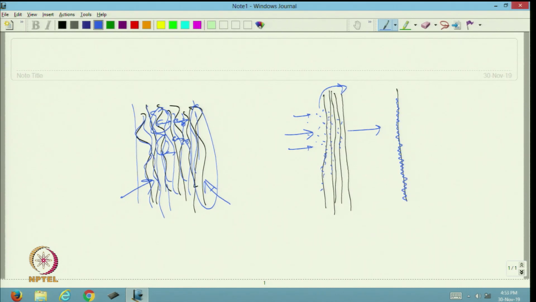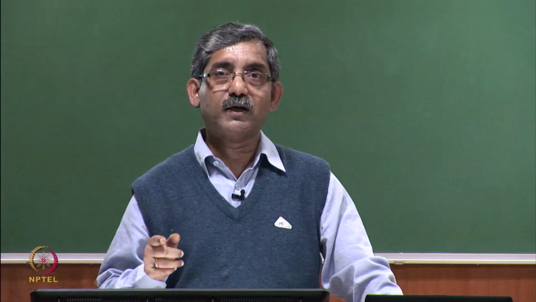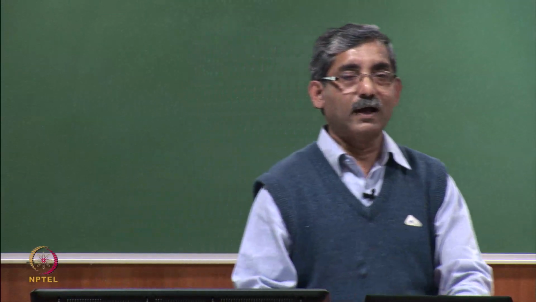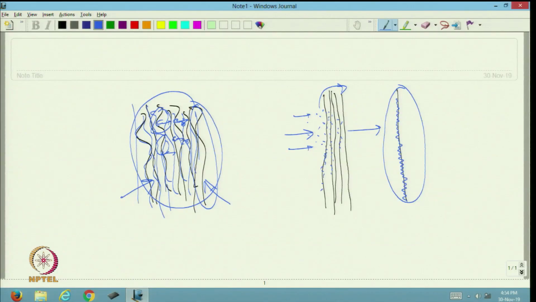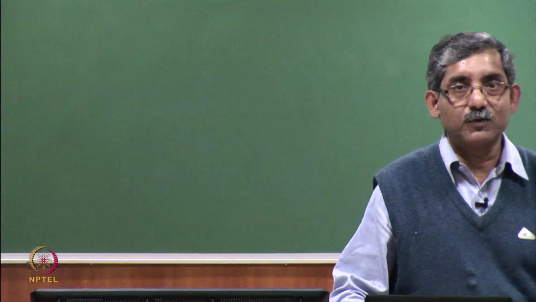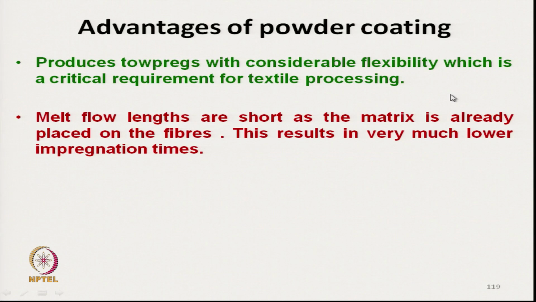Here we are not talking about the total yarn, we are talking about individual filaments. So, if it is done properly, individual filaments are coated with the powders and that will help in developing a better quality of thermoplastic composite with much more uniformity. As the individual filaments are coated, melt flow lengths are very short and this results in much lower impregnation time.